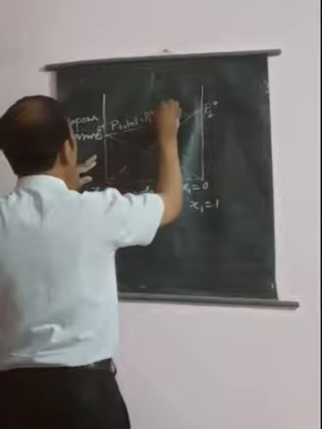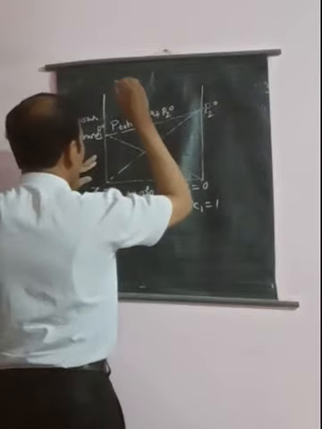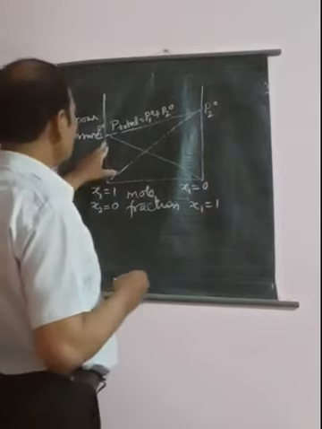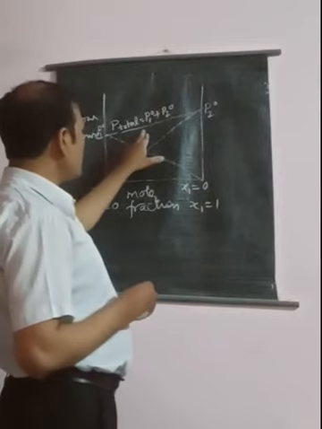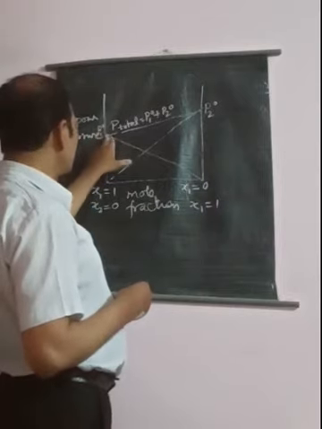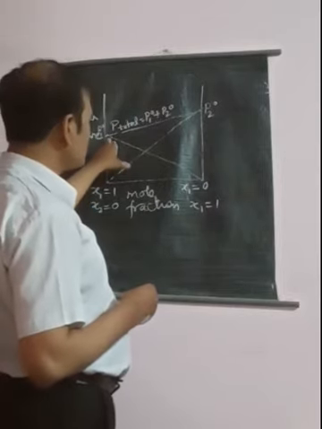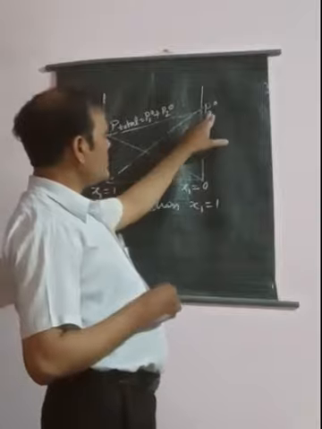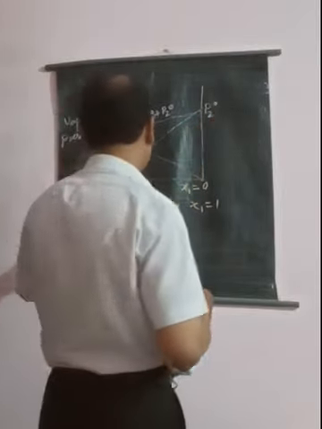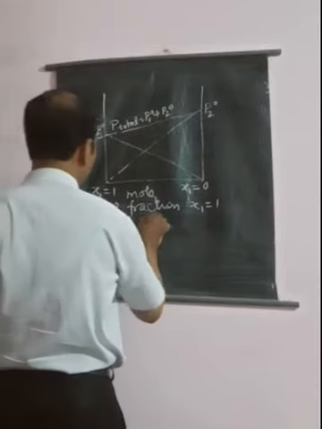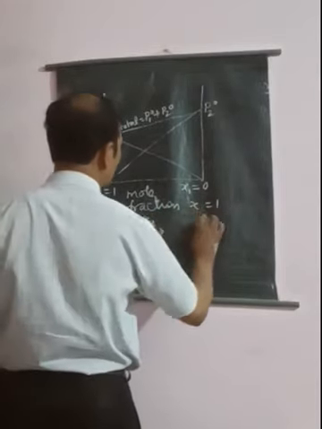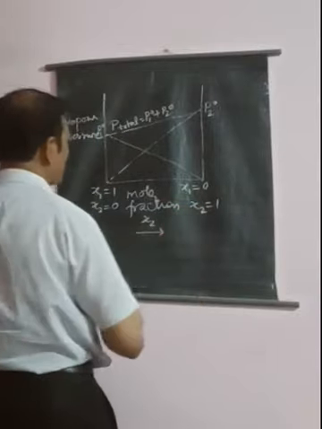In this graph, P1 naught is the minimum vapor pressure of the solution, and P2 naught is the maximum vapor pressure of the solution. Here the mole fraction increases on this side, and here x2 will be 1.